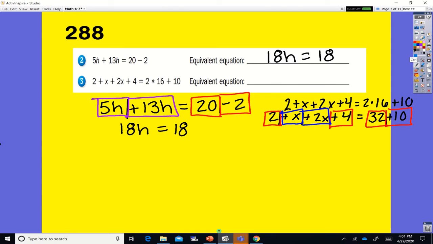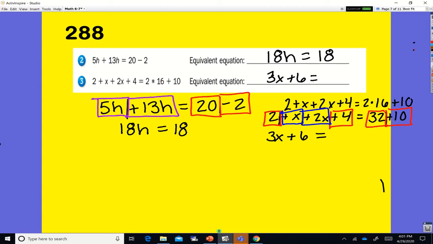So we now have on this side x, which is really 1x, plus 2x gives me 3x. 2 plus 4 gives me 6. Ooh, I need that to be 3x. So we have 3x plus 6 is equal to, we have 32 plus 10, so that's going to be equal to 42.